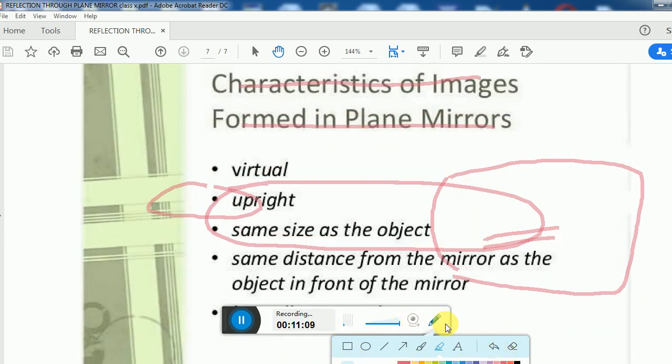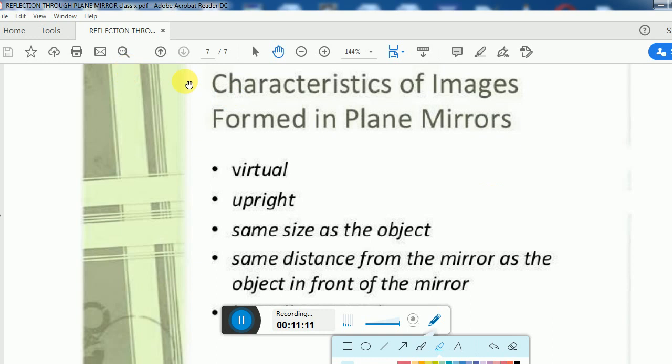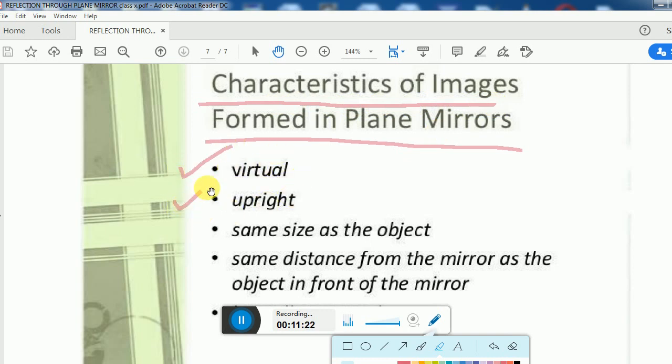Now, some characteristics of the image formed by a plane mirror. Remember this, it's very important. The image will always be virtual. The image will be upright. Upright means erect, means if the object is like this, the image will also be like this.